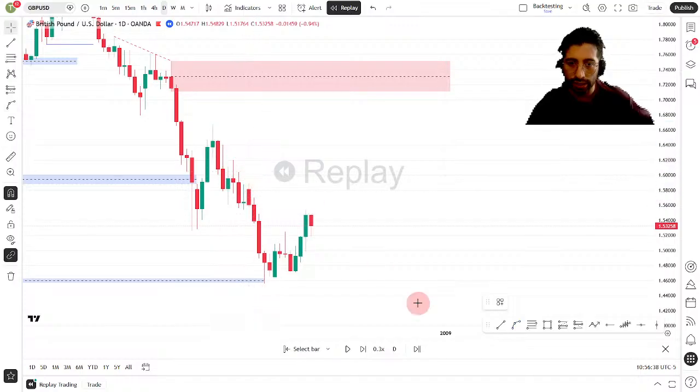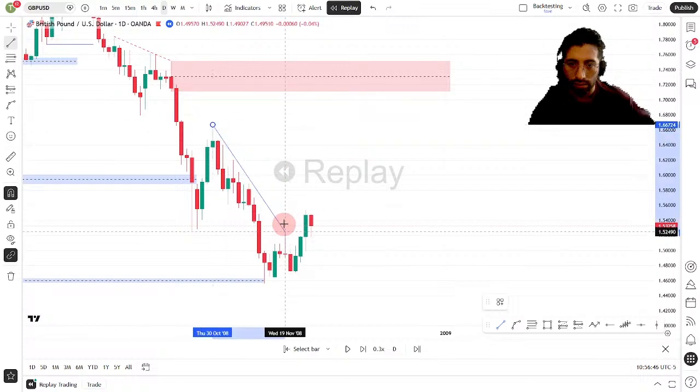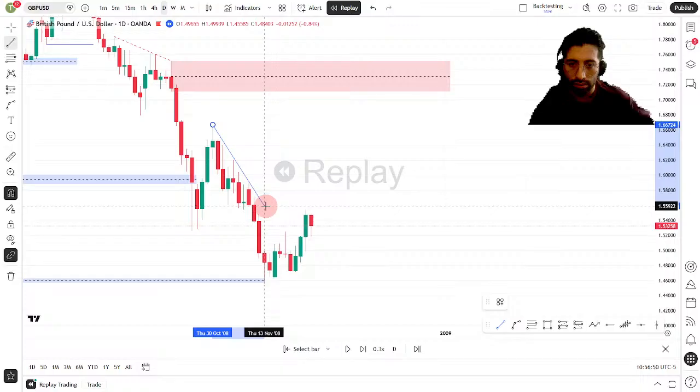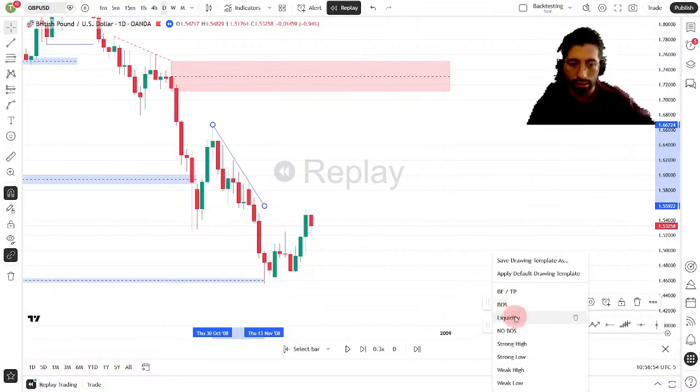To all of these highs, this is most likely a trend line. Here. Yep, this is a trend line, so this is liquidity.